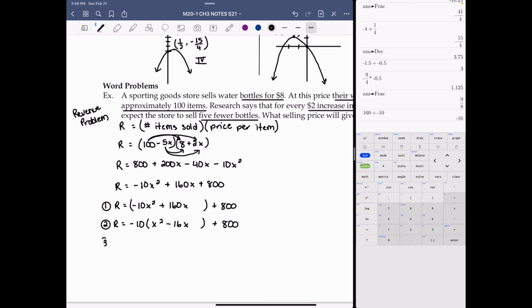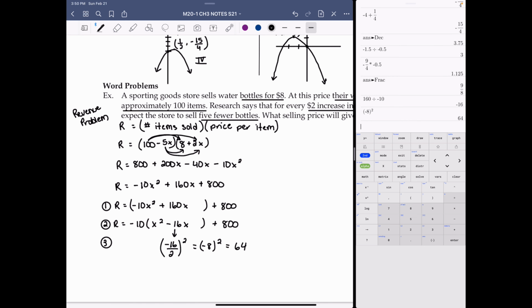Step 3. Take the second term coefficient, divide it by 2, and square it. That is negative 8 squared, which is positive 64. You can use your calculator if you need to. Bracket, negative 8, close bracket, squared is 64.